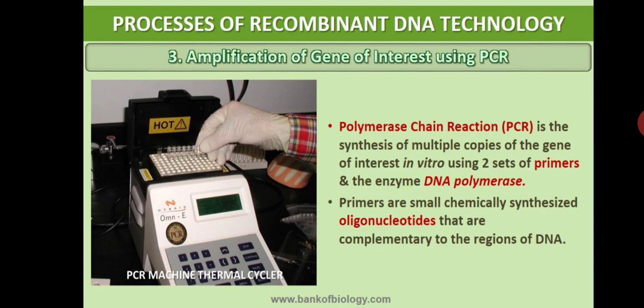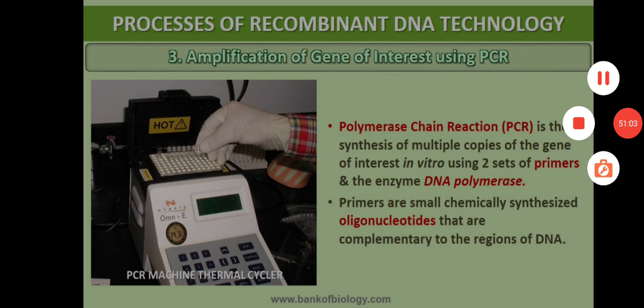Just imagine when you carry out 40 cycles, or 100 cycles, how many copies you can get. Understood? And this is what we call PCR, which is also called gene amplification, and even the thermal cycler.